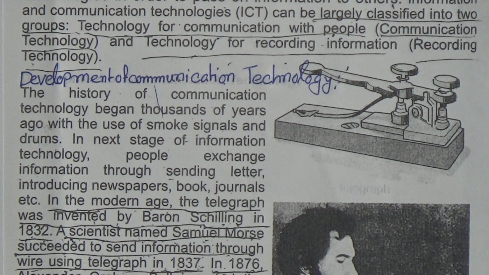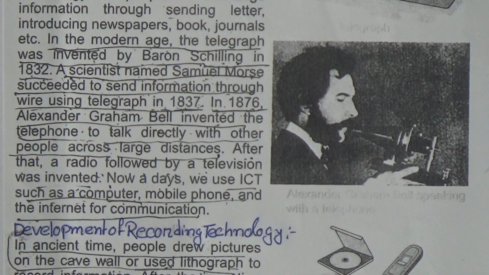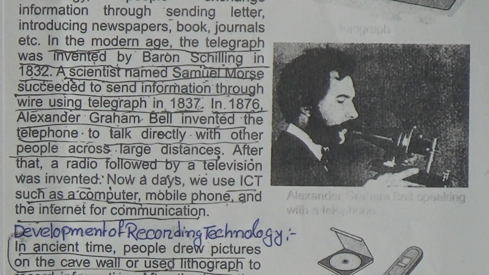That means they gathered wooden things, or different kinds of waste things and papers, and they burned them, and then the smoke came out, and after seeing the smoke, the people who are living far away think that here is a message, and they come to the place where the smoke was created. And also they beat drums.